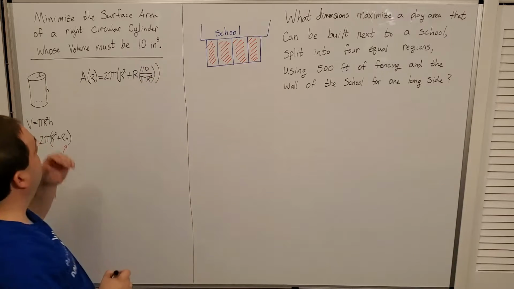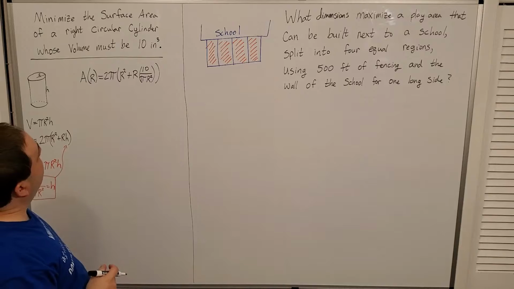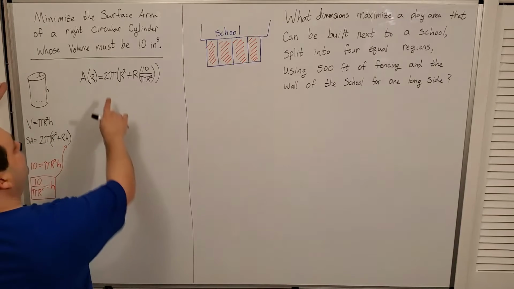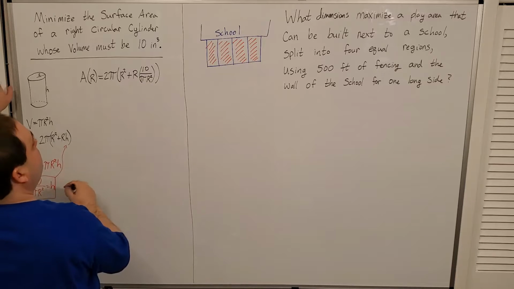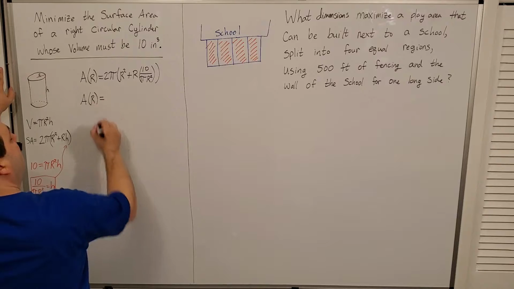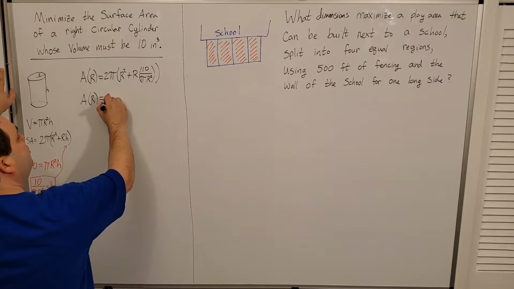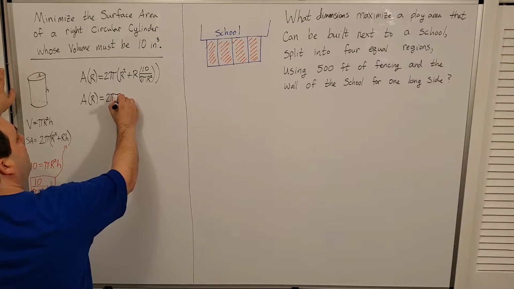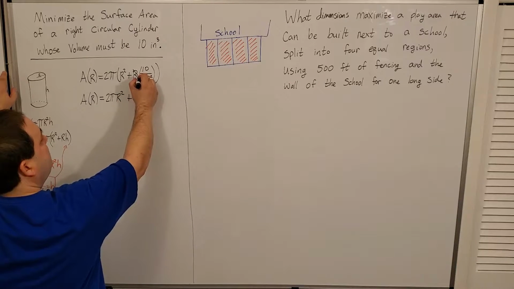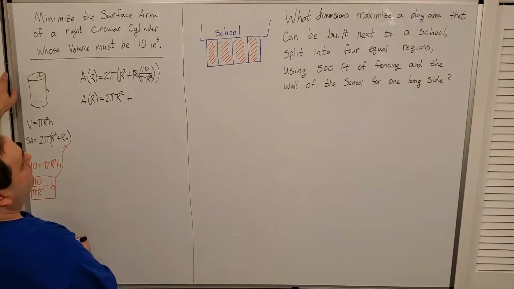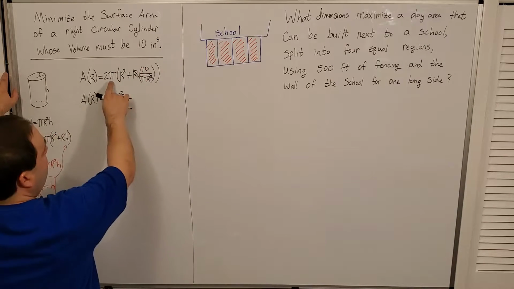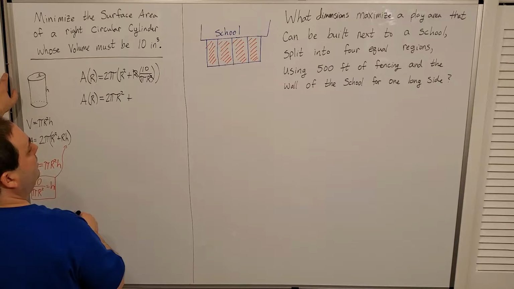Well, I could make this a little bit easier on myself. Let me go ahead and distribute the 2 pi in also to make it look a little bit cleaner. A of r is equal to 2 pi r squared plus, now one of these r's will reduce here, and then I'm multiplying 2 times 10, which is going to give me 20, and pi over pi is going to eliminate.